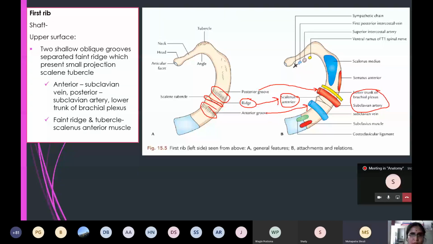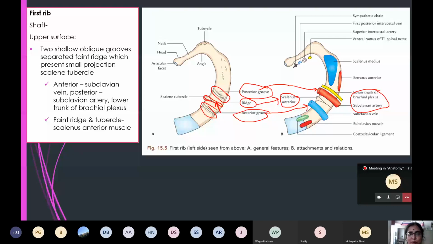Okay. In the upper surface, there are two grooves, the anterior groove and the posterior groove, separated by this faint ridge and a tubercle. The anterior groove lodges the subclavian vein.